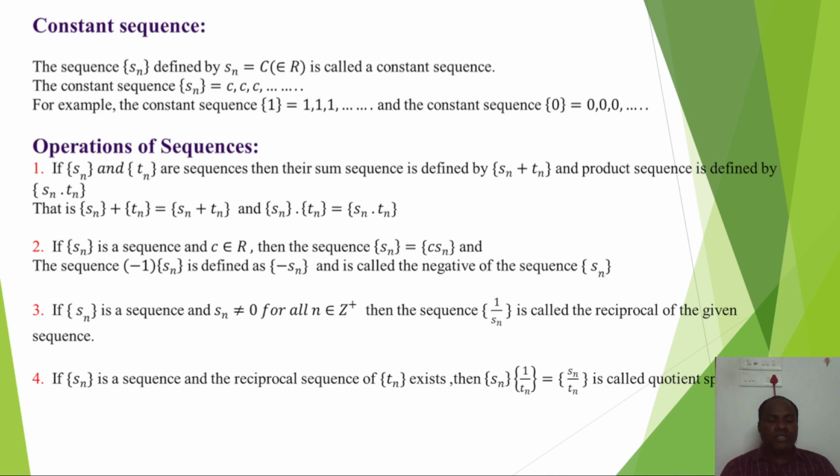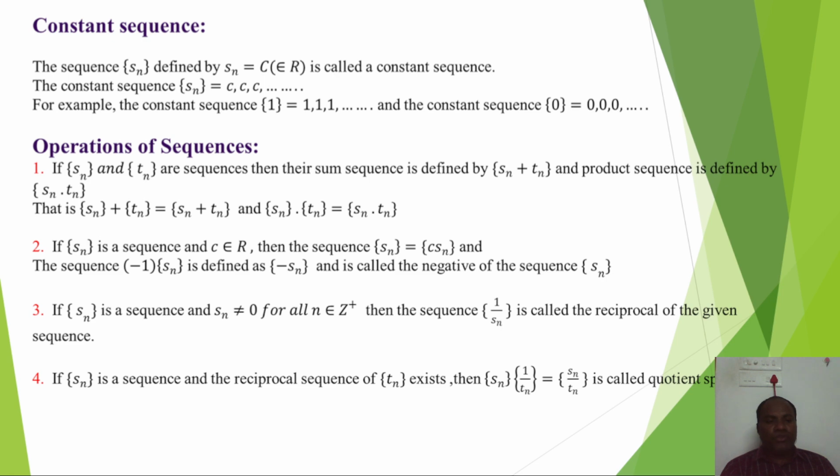The constant sequence Sn is C, C, C and so on. For example, the constant sequence 1 is 1, 1, 1 and so on. The constant sequence 0 is 0, 0, 0 and so on. The constant sequence 5 is 5, 5, 5 and so on.